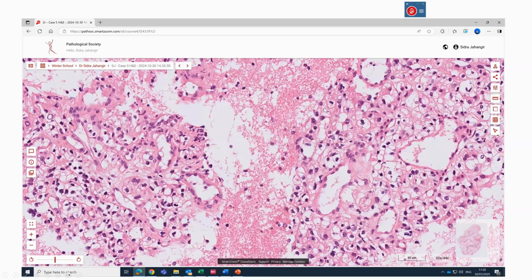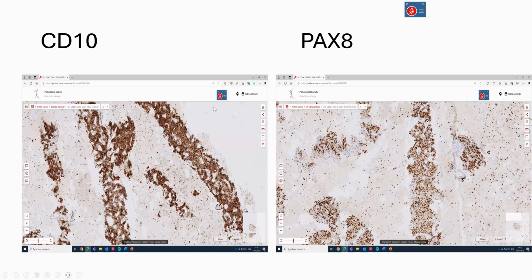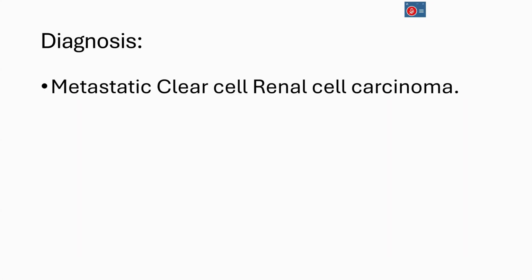Very characteristic. All the diagnostic features of clear cell RCC are there. Just to confirm, CD10 is diffusely positive and PAX8 is also diffusely positive. So it's reassuring, and it's a case of metastatic clear cell renal cell carcinoma.